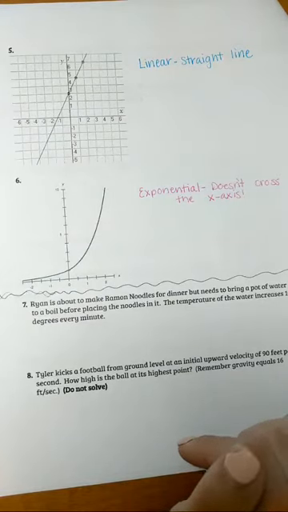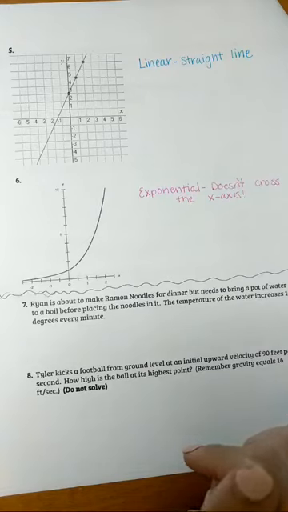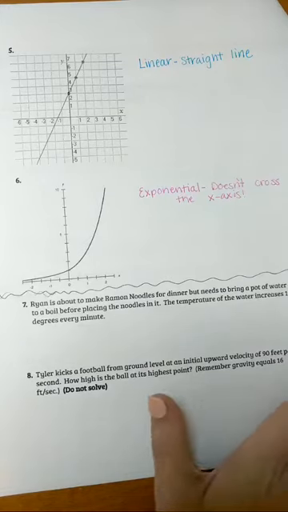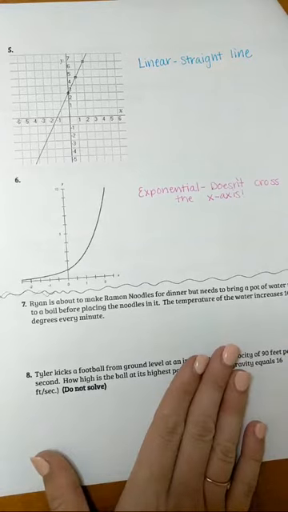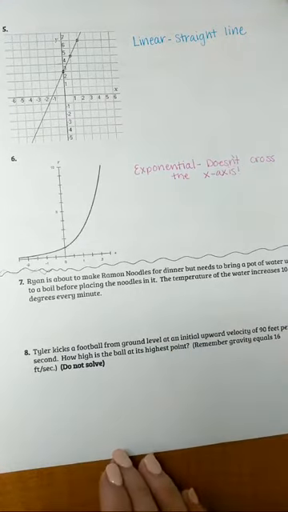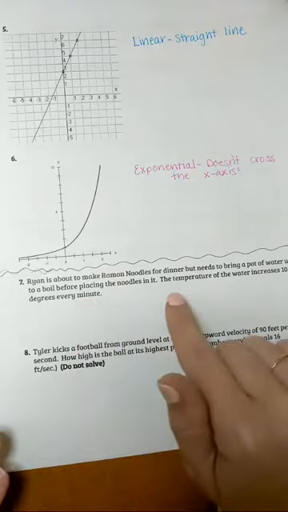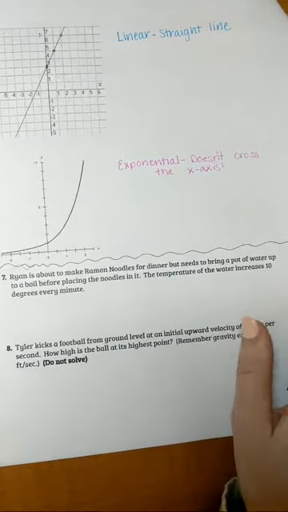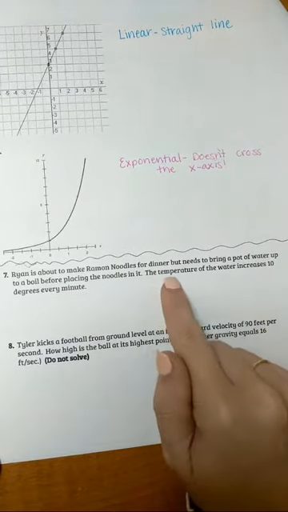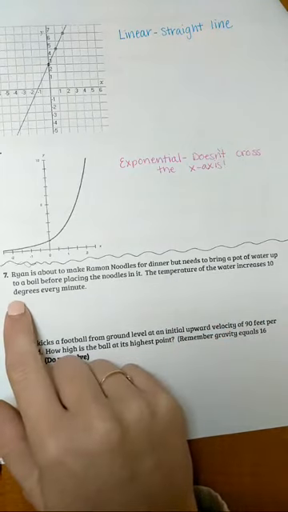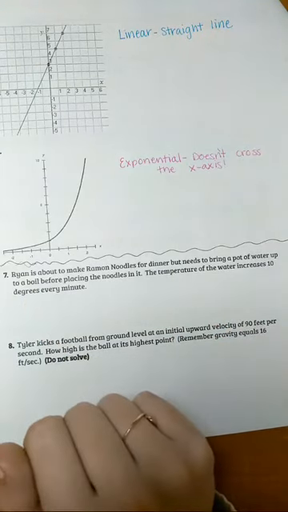So we need to go back and look at linear, because there could be synonyms of the word per in this sentence here. The one you really need to pay attention to is the last sentence: the temperature of the water increases 10 degrees every minute.